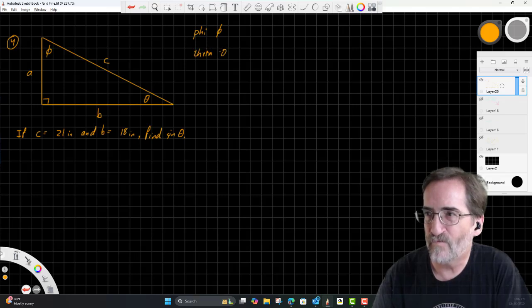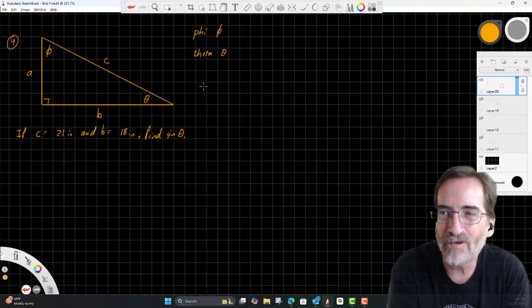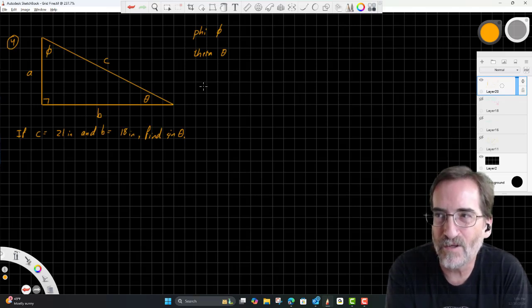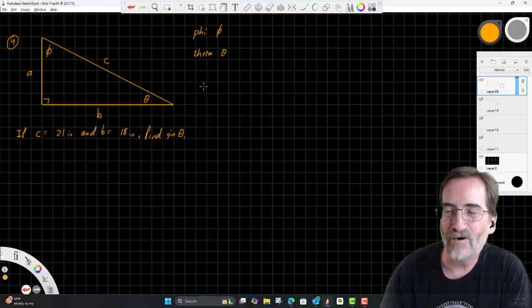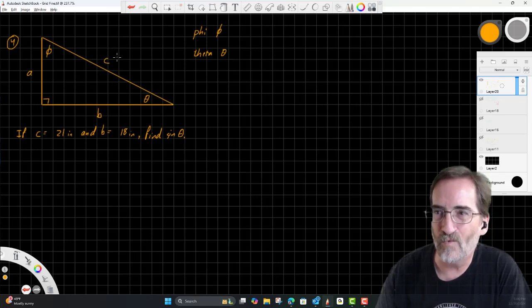Mathematicians are prone to using Greek letters because there's not enough letters in the English alphabet, so we use Greek letters. Theta and phi are the reference angles here. They're just funny letters. If C equals 21 inches and B equals 18 inches, find sine theta.